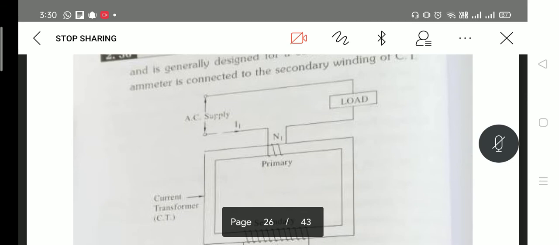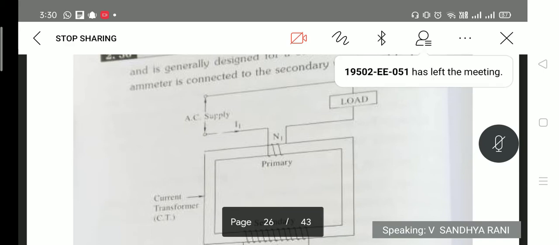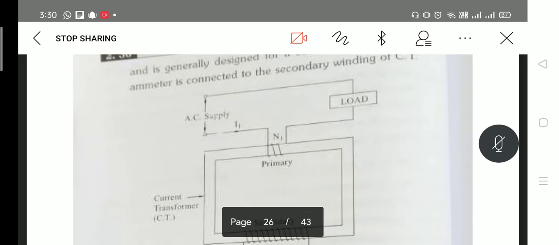The main purpose of the current transformer is to reduce the high current in the transmission line to lower values. The primary side has a high amount of current.